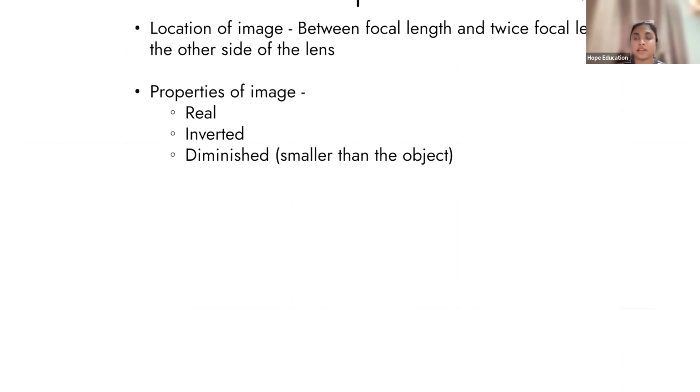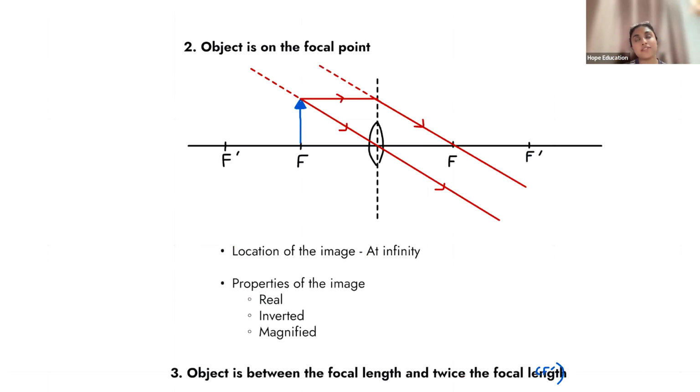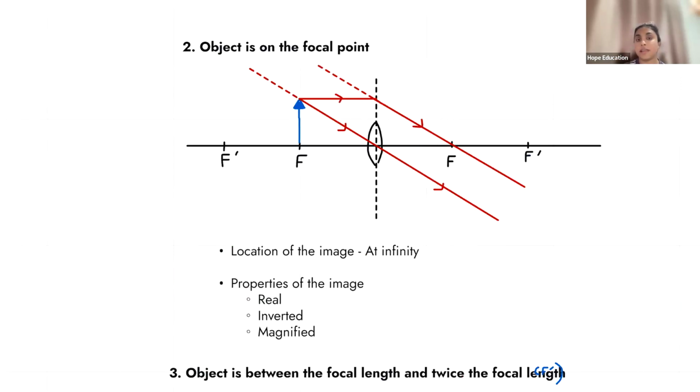So just imagine now here in tray number 2 in image formation 2, we said when the object is on the focal point, the image will be at infinity. So what will happen if the object is at infinity? If the object is at infinity, where will the image be?